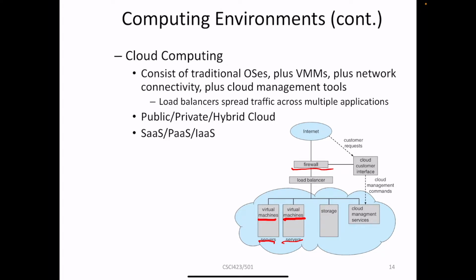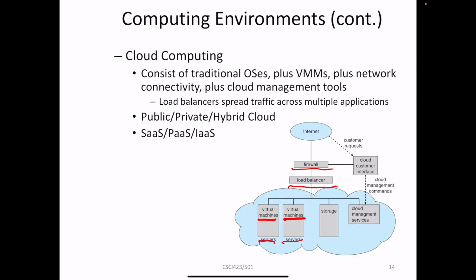Also the load balancer, which is a special device, is needed to distribute the traffic and the requests to different servers, in order to avoid all the requests being sent to the same server and making it overloaded, while other servers are idle, which wastes resources, energy, and money.